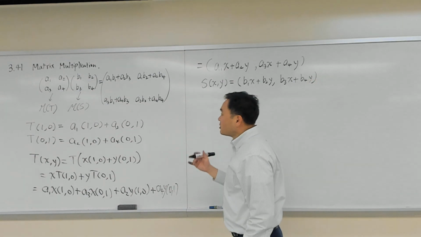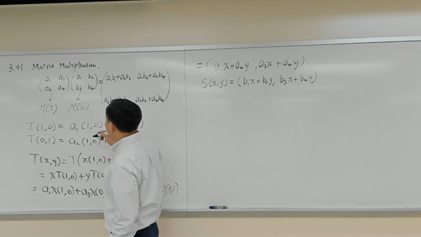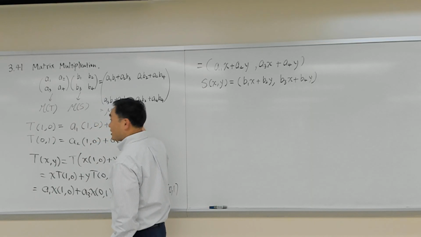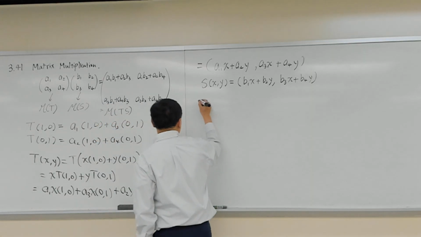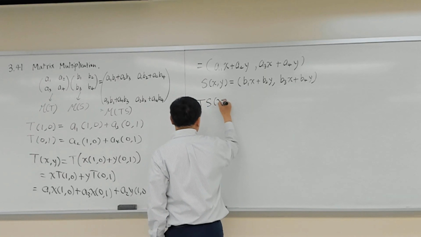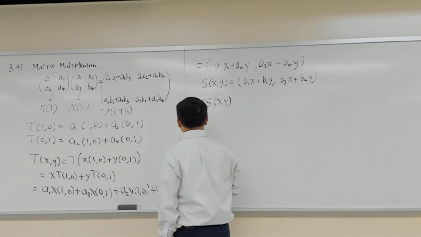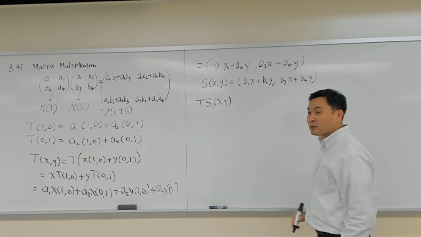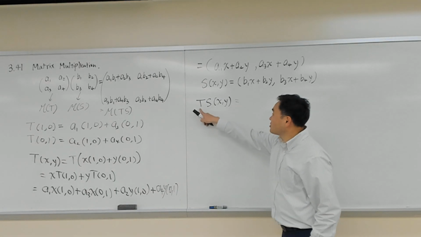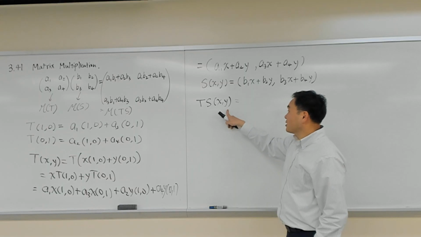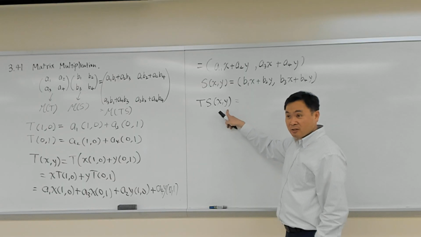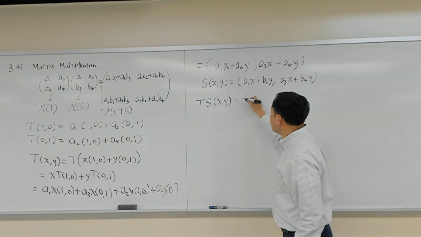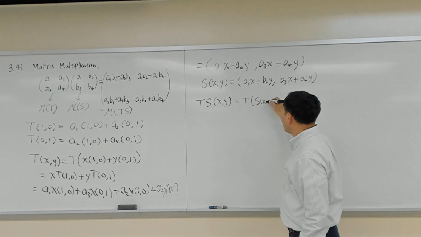Okay, now I want this times this to be the matrix of TS. So let's compute TS of (x,y). First, remember this is a composition of functions, right? So you should really think of this as T of S of (x,y), right?